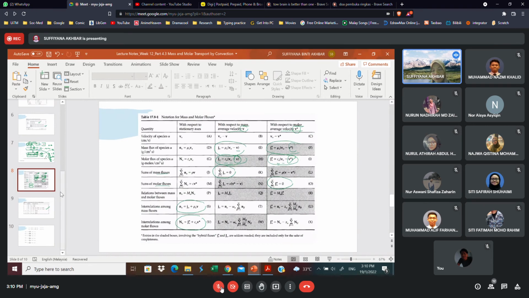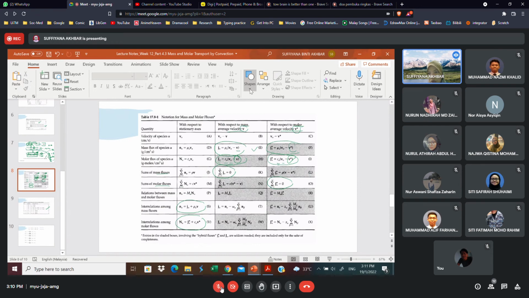Okay, so here. So kalau you can see the table 17.8-1 in your textbook, the notation for the mass and molar flux lah. Okay, so what is important here? This is the important one here yang I dah circle ni. You need to know the mass flux of species alpha with respect to the mass average velocity.